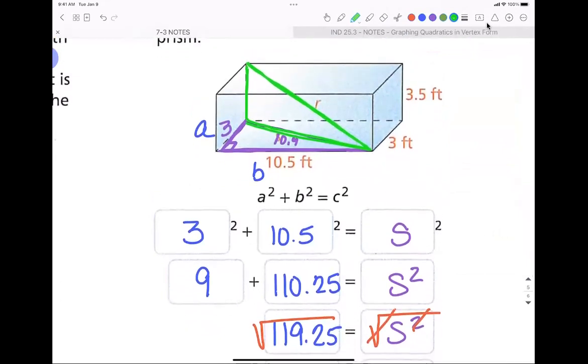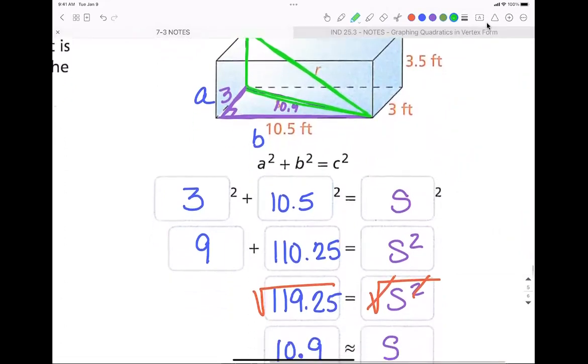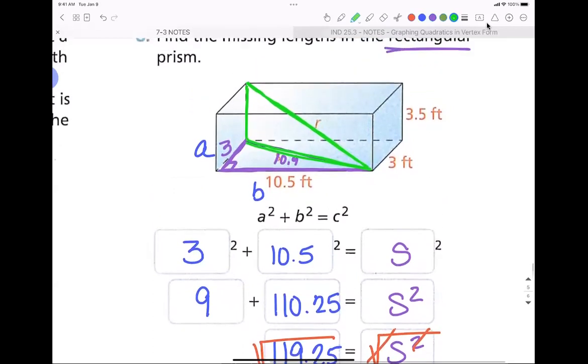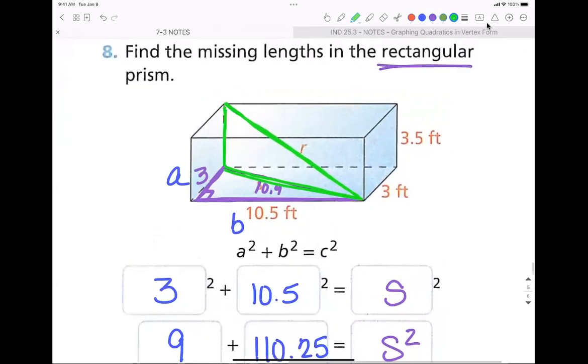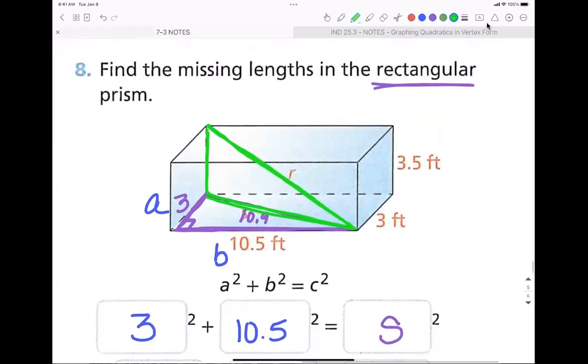R squared equals 3.5 squared plus 10.9 squared. Did you put 6? That's a common error. Okay, and you really have to kind of make your brain visualize this in 3D. So when you're trying to find R, you have to figure out what are the two sides that make up the legs of this R triangle.